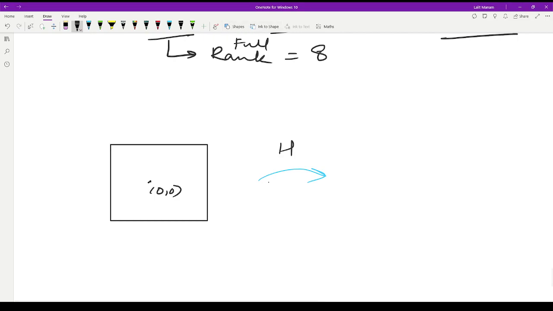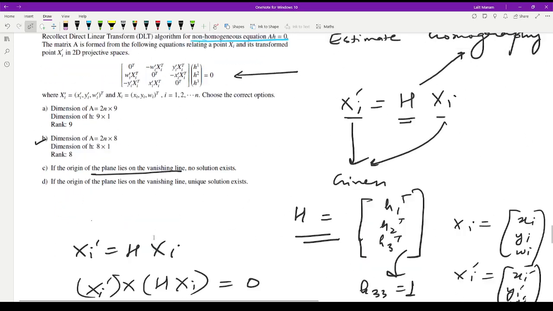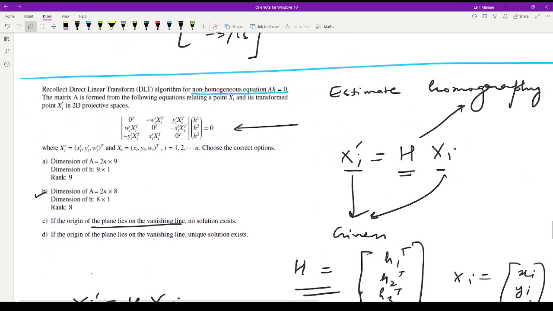With homography you might have transformed it in this manner, which has some other origin at some other place that we don't need to denote here. Our question asks: if the origin of the plane lies on the vanishing line, no solution exists. Is it true or not?